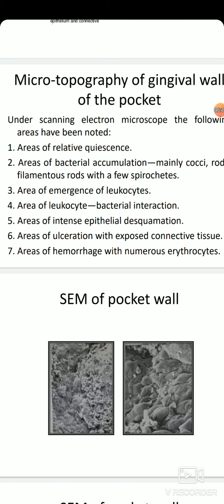So there are 7 areas. Some areas are quiet, some have bacterial accumulation, some have the emergence of leukocytes, and some areas have intense epithelial desquamation and ulceration, hemorrhage, and numerous erythrocytes.